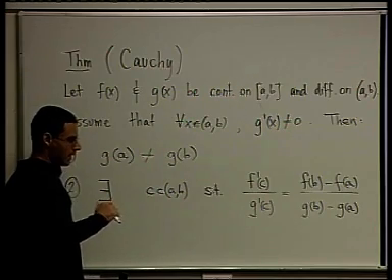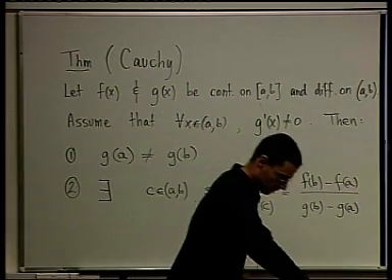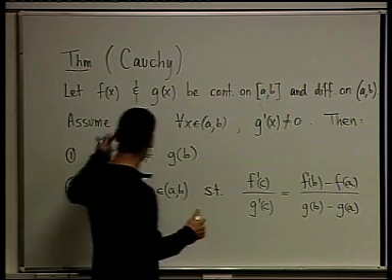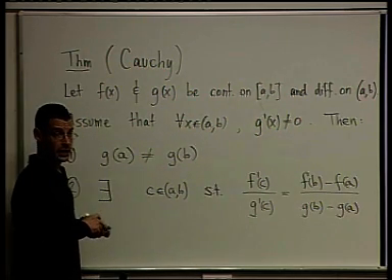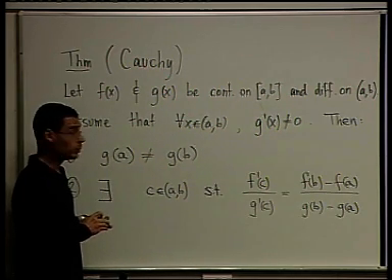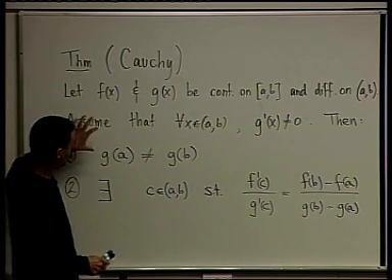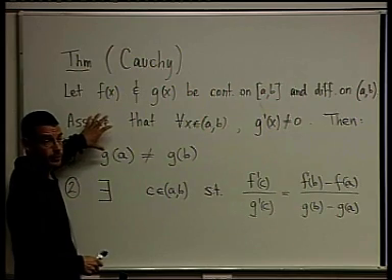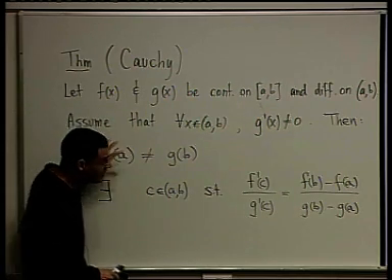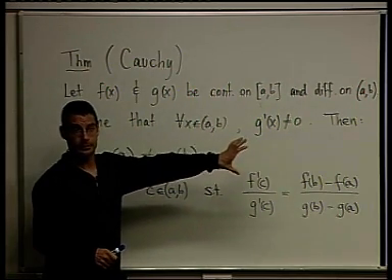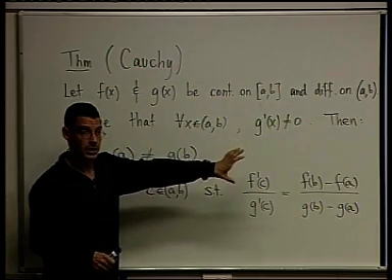Okay? So, I think the words are already clear at this point. I don't have to explain any new words. The first thing I want to show you is that this theorem, Cauchy's theorem, generalizes Lagrange's theorem. Okay? Let's see that.